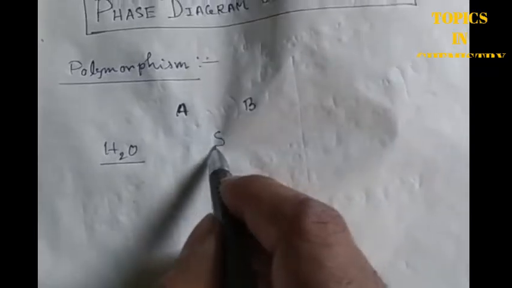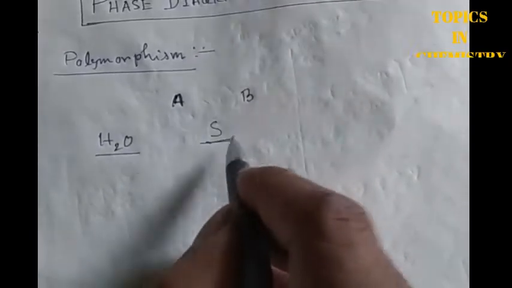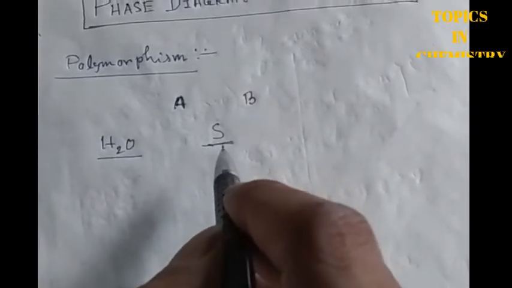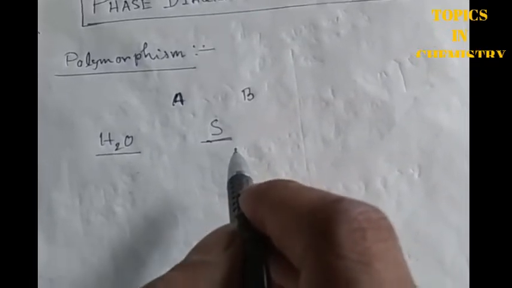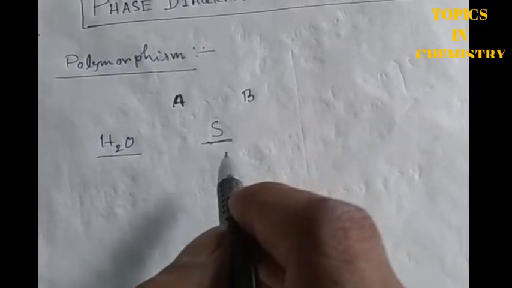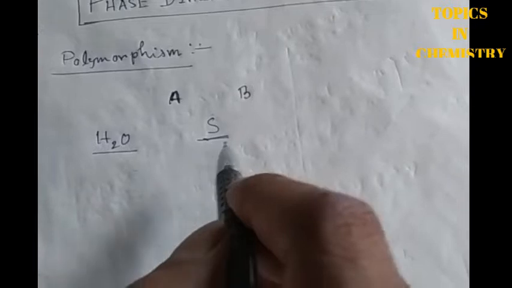Similarly, sulfur can exist in two different polymorphic forms: rhombic sulfur and monoclinic sulfur. Allotropy is different.